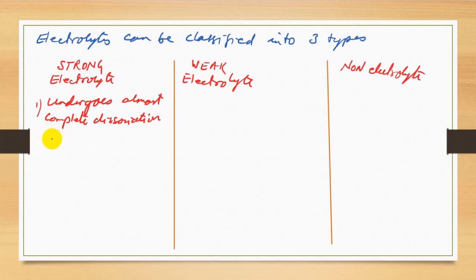Complete dissociation means whatever is there, everything will dissociate. So it undergoes almost complete dissociation in its fused state or in aqueous solution.